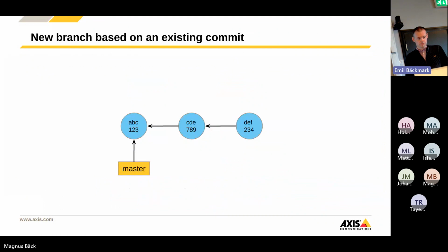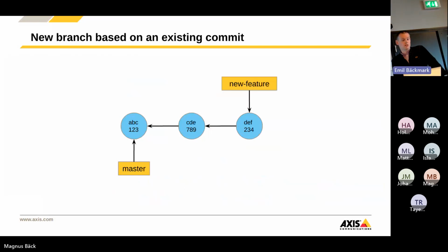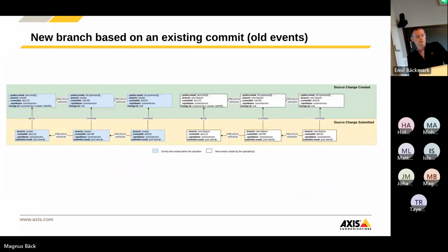Okay, and now we're going to get into more of the same dilemmas. How about we create a new branch based on an existing commit? This is what we have implemented in our plugin, and that's related to the fact that the source change created contains the branch name and various other information that's tied to the original use of the commit.